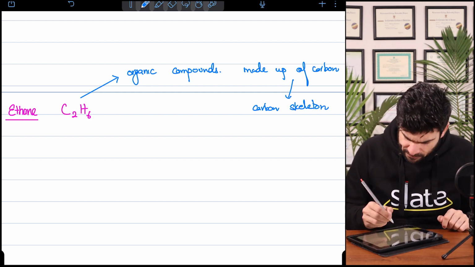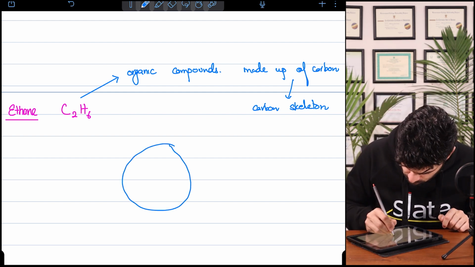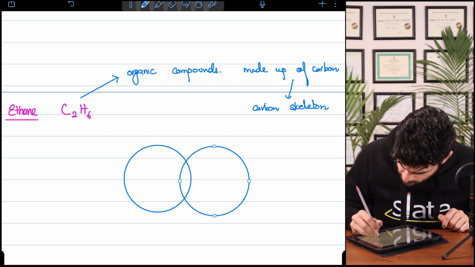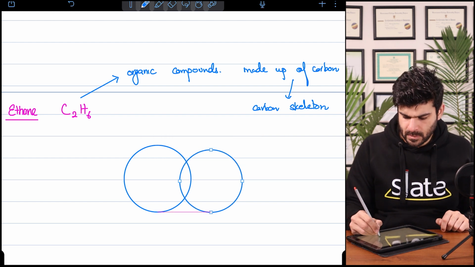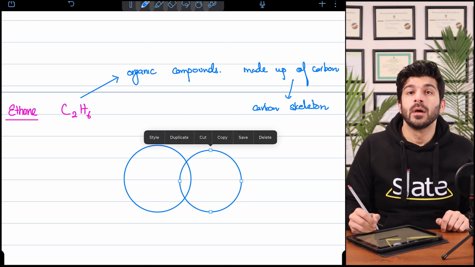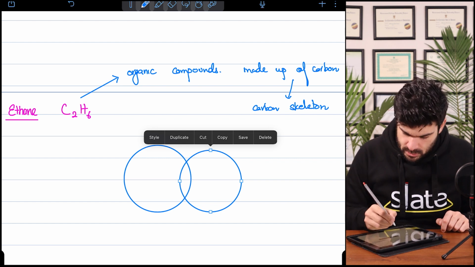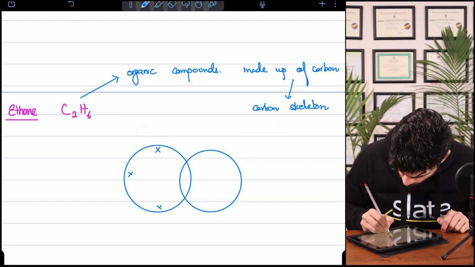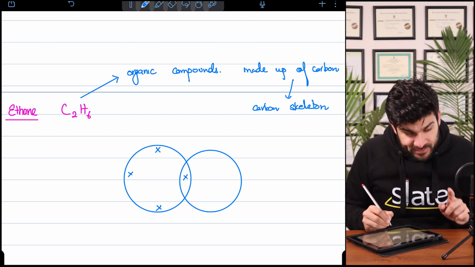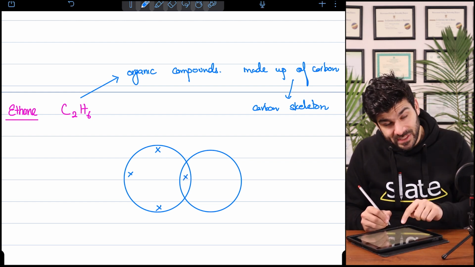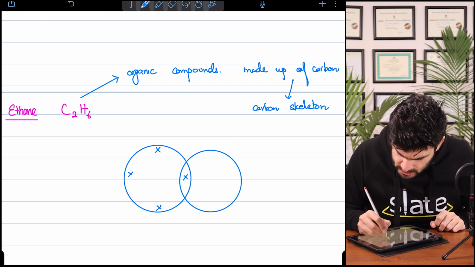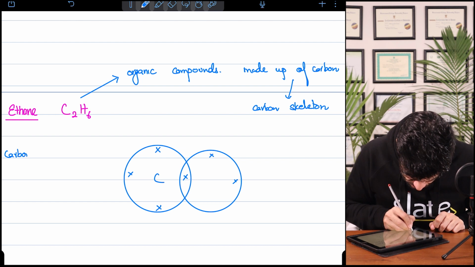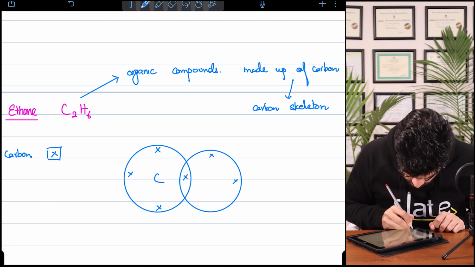So how many carbons do we have? 2. Carbon is in group 4, hence 4 electrons. 1, 1, 1, 1. And if this carbon is X, this carbon will also be X. Because carbon, you can say carbon is cross.